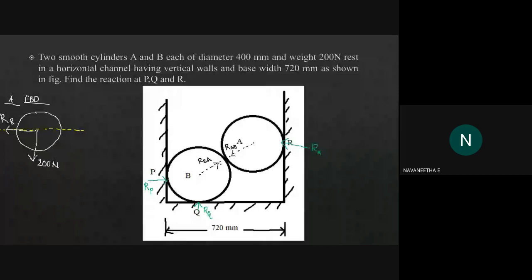And also it is in equilibrium condition, that is, in resting condition. So RAB should be equal to RBA. We already said these things in our previous classes: RBA should be equal to RAB because it is in equilibrium. Okay, right. RAB equals RBA. So we need to draw this RAB in this figure.